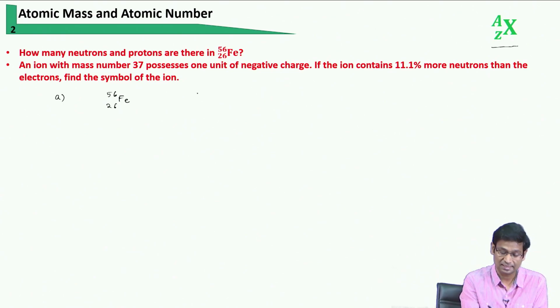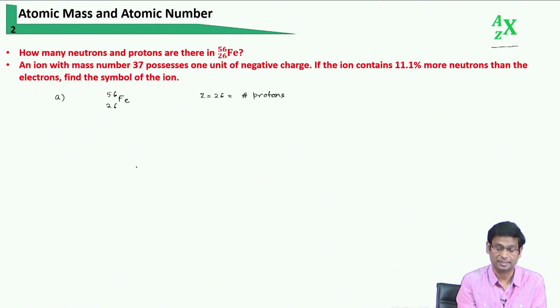When you see Z is 26, Z is the atomic number, which is also the number of protons. So, you immediately know by looking at this value that the number of protons is 26, but its mass number is 56. The mass number is the number of protons plus the number of neutrons.